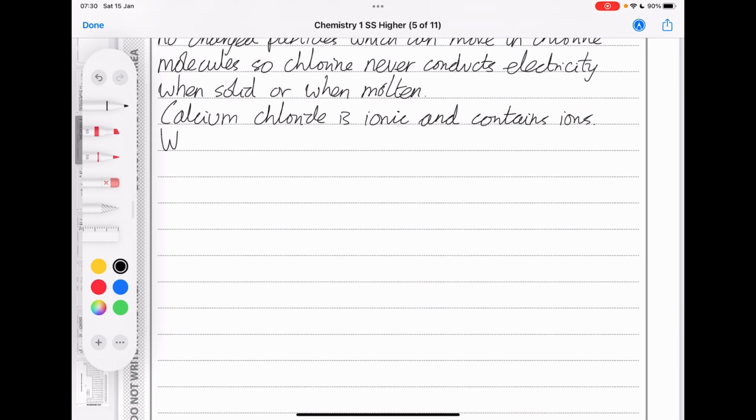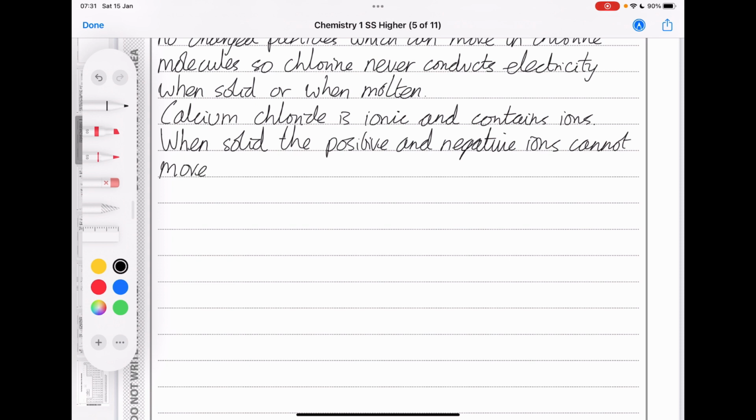When solid, the positive and negative ions cannot move. That is the key point.